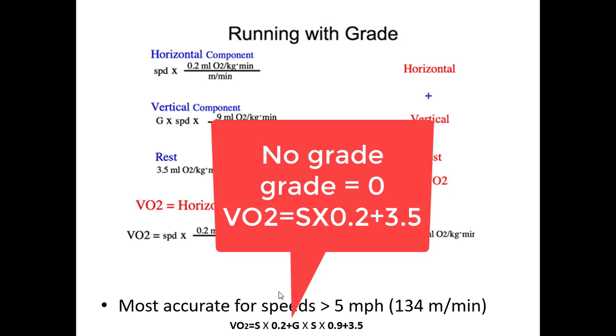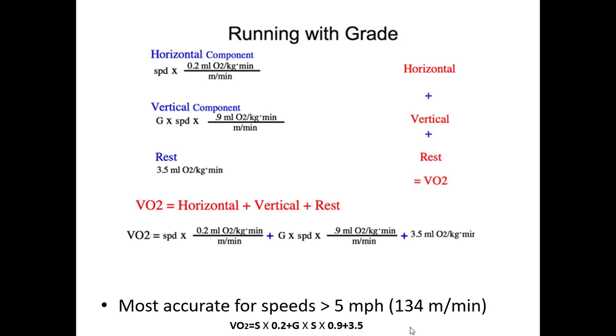In that case the grade can be 0, right? So the equation is very simple: speed multiplied by 0.2 plus 3.5, because grade is 0. You do not really worry about the grade term.